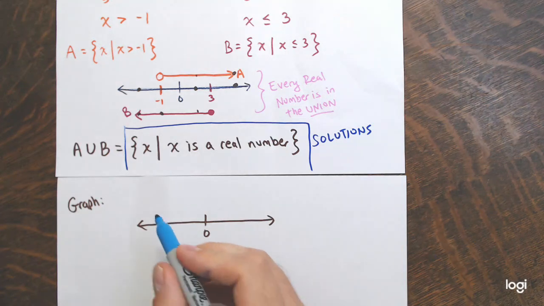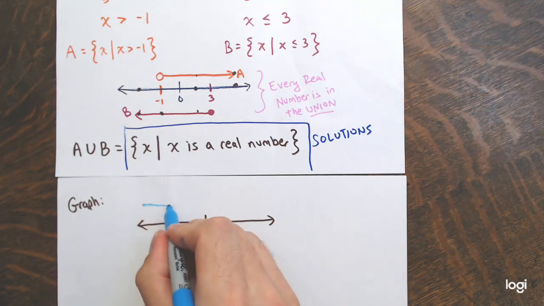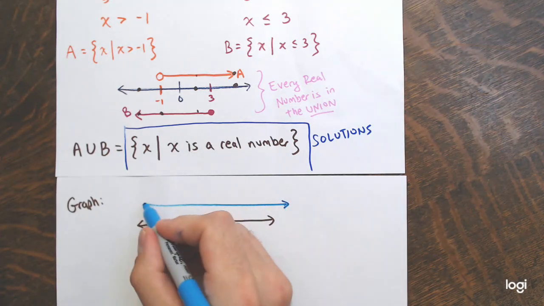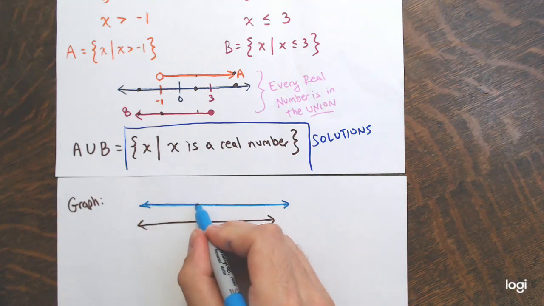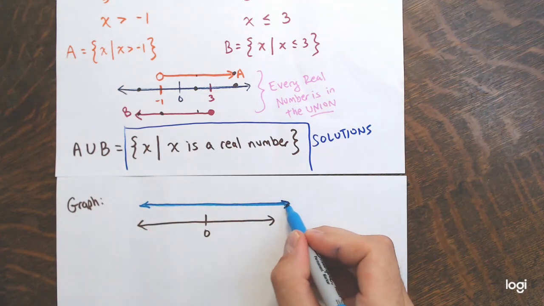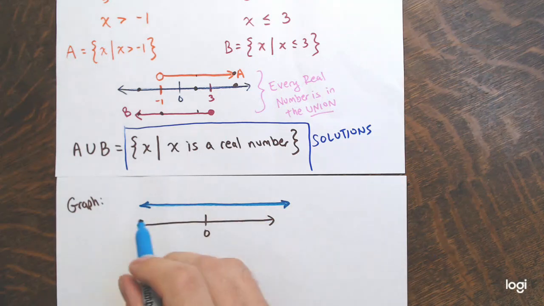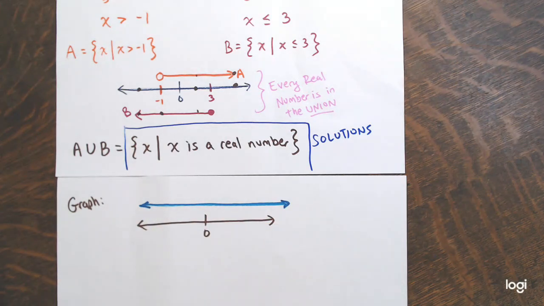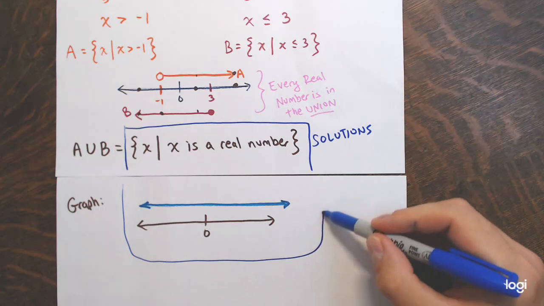So I will simply just do this. Everything. Right, just everything to the right, everything to the left, everything. There's the graph. Everything is in the set of solutions. So there's a graph of your set of solutions.